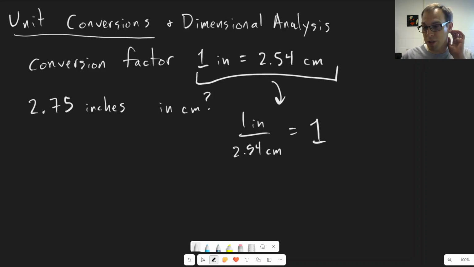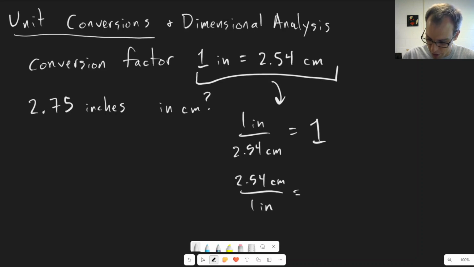It'll change the units, but it won't change the value. Or we can do that the other way around. The 2.54 centimeters can be on the top of the fraction, and since they're equal to each other, this is still equal to 1. Algebraically, essentially what we're doing is taking this and dividing by 2.54 centimeters. That cancels and gives us the 1 on this side and the fraction on this side.